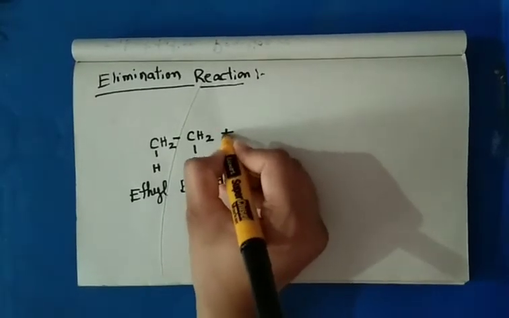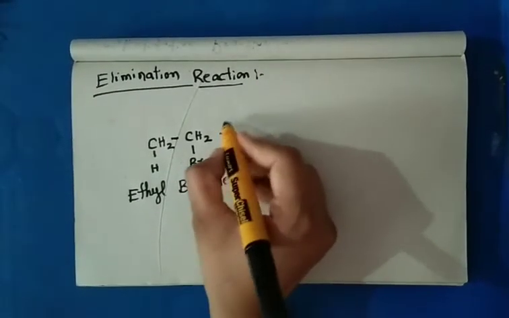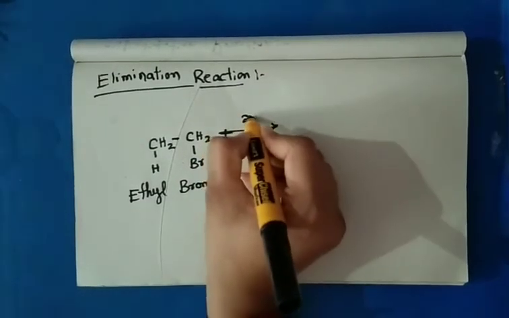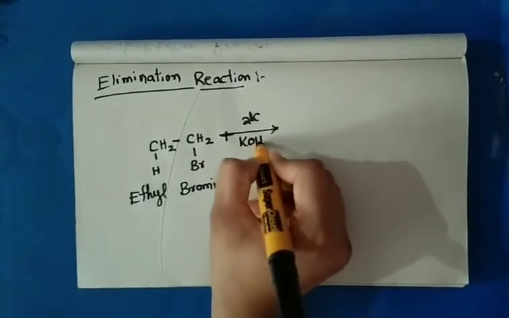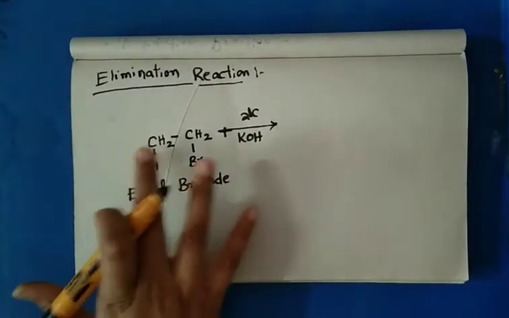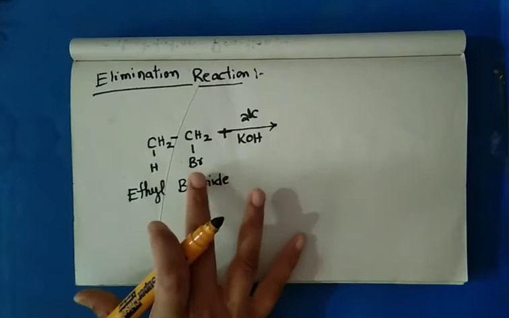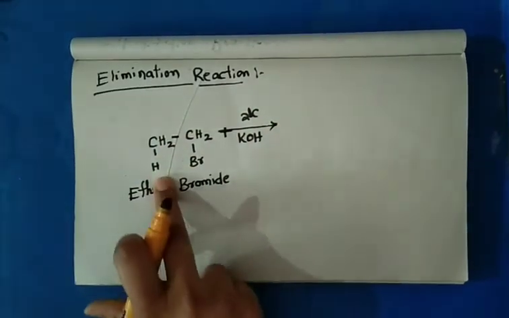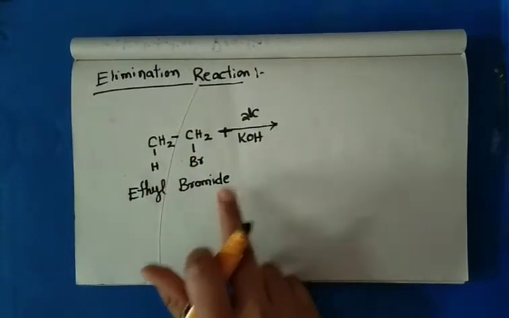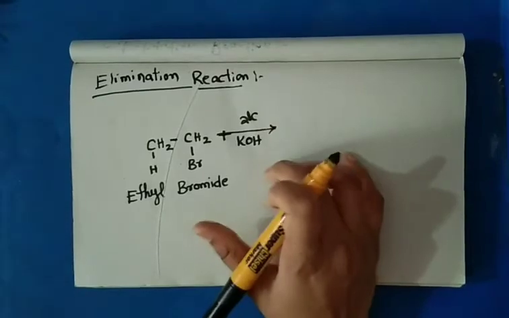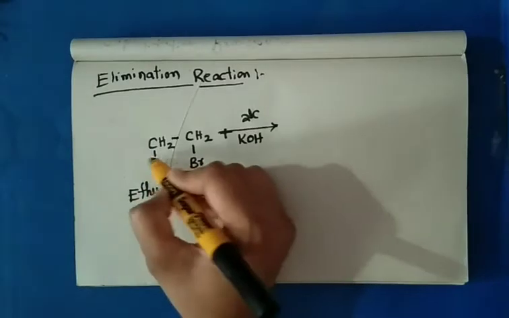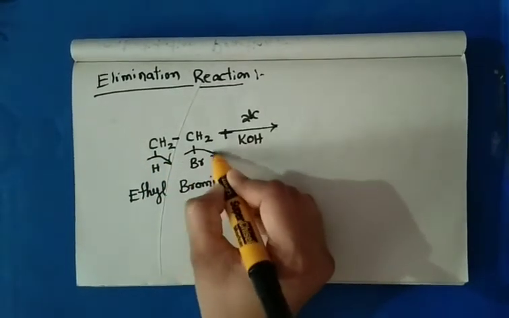Ethyl bromide reacts in the presence of alcoholic KOH with loss of H and loss of Br.